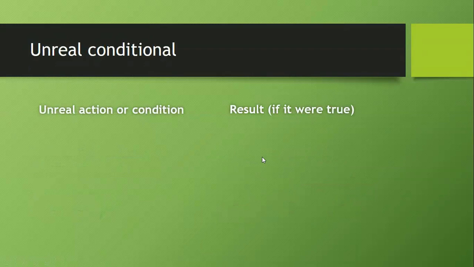Then let's see the real conditional. In a real conditional, or in a real action or condition, you will get a real or an imaginary situation. Also, you will get a result, even if this will be a result only if it were true. Okay, if it is not true, then it will be an unreal conditional.